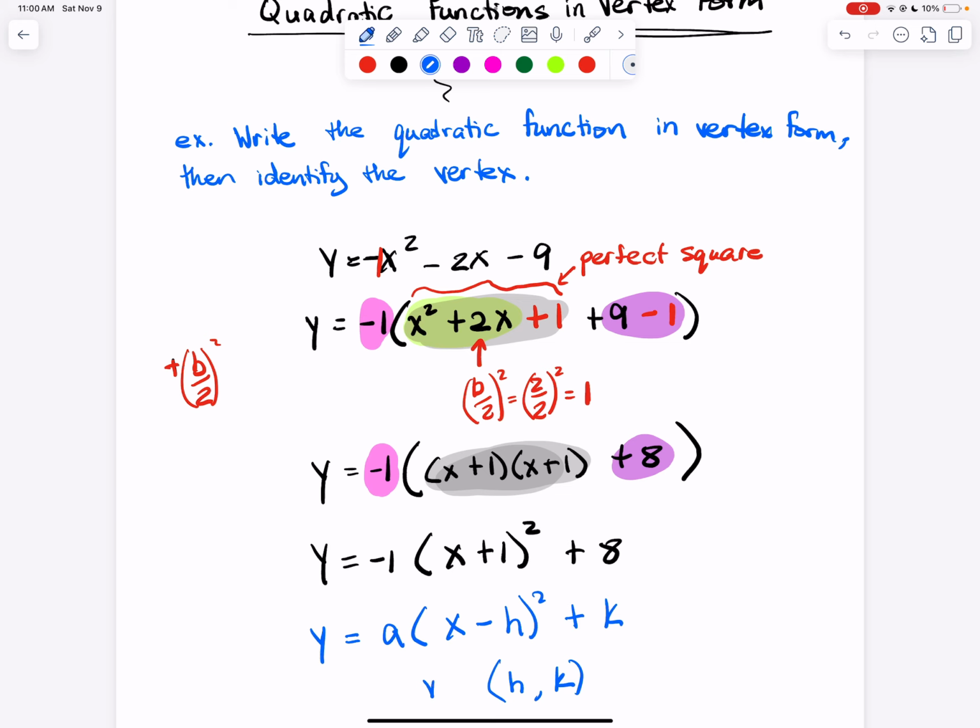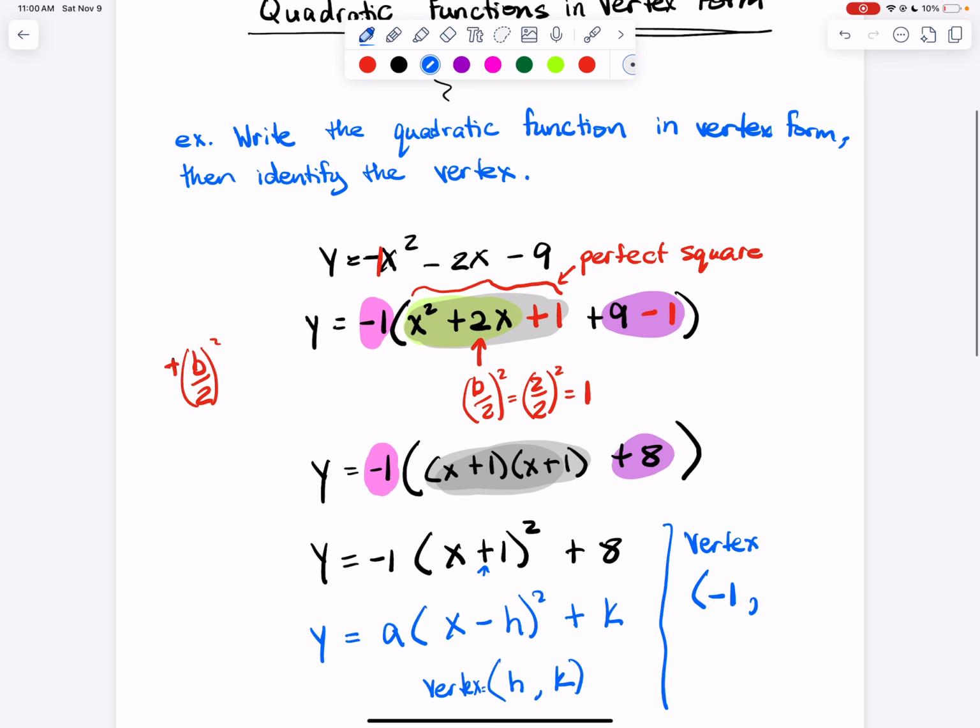Which means that in this case, because that is positive, the x value of the vertex is negative 1. So let me put this over here, negative 1. And then the y value of the vertex we have right here is plus 8.